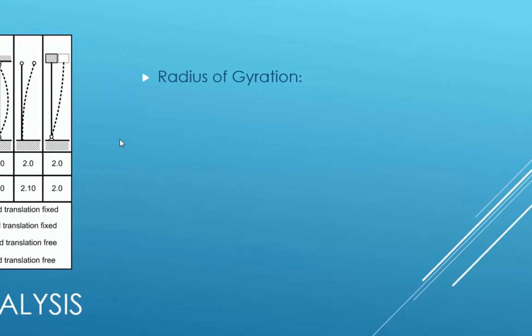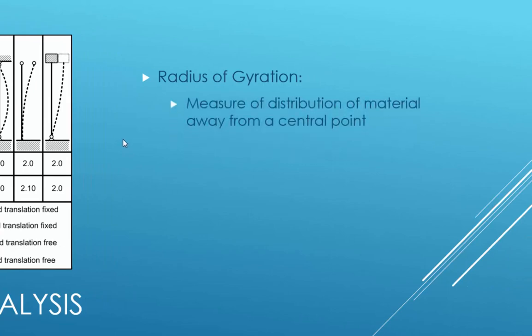Okay, let's look at that radius of gyration. How do we calculate that? Well, first off, it's a measure of how distributed material is away from a central point. So if you have a lot of material, but it's all concentrated in the middle, it won't have a very high radius of gyration.